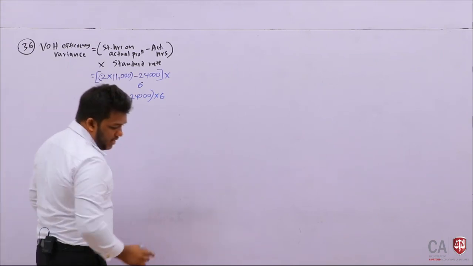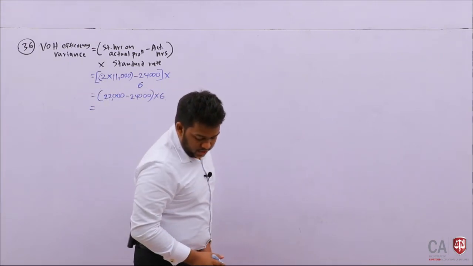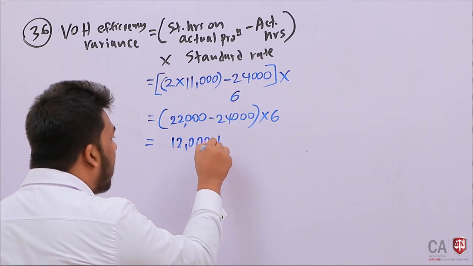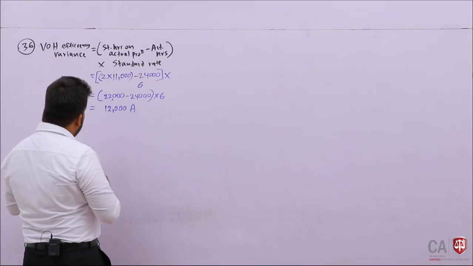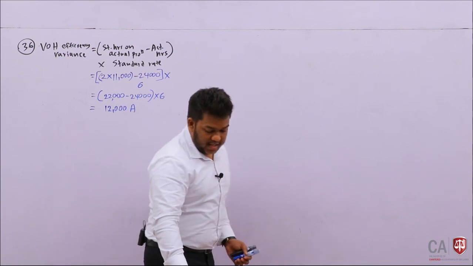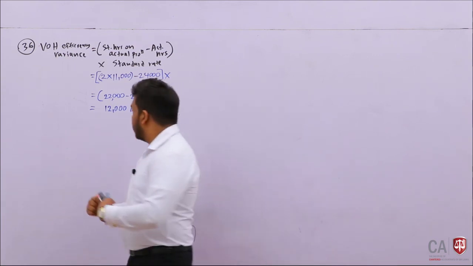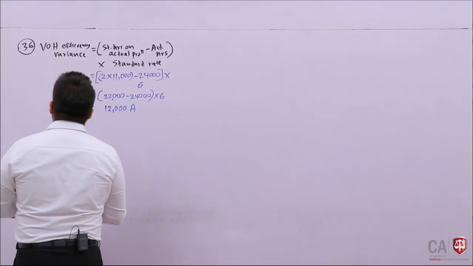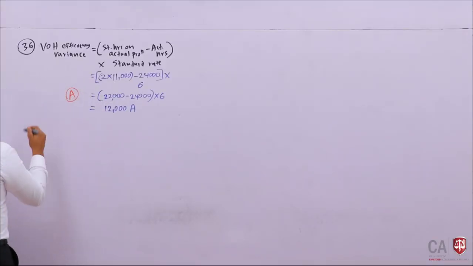So that is minus 2,000 into 6, so minus 12,000. Minus 12,000 means adverse. So the answer for this question 36 is answer A. Then question 37.